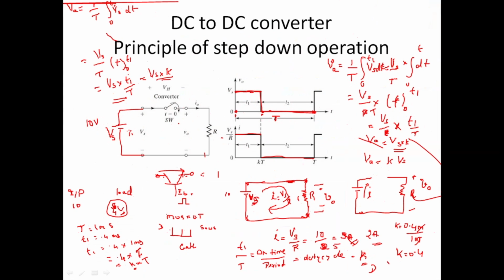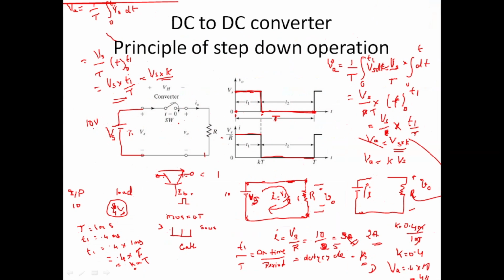So the average value is 0.4 into Vs. If Vs is 10, you will get 4 as the average value. See, this is my principle.